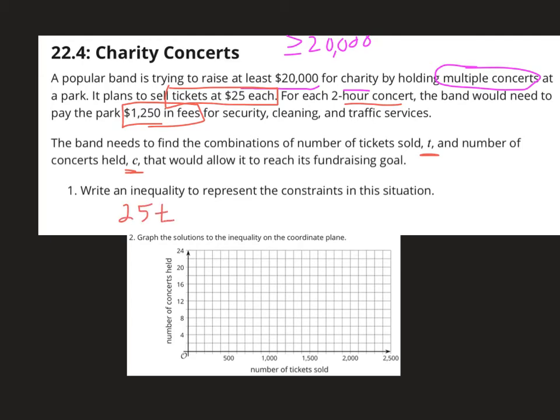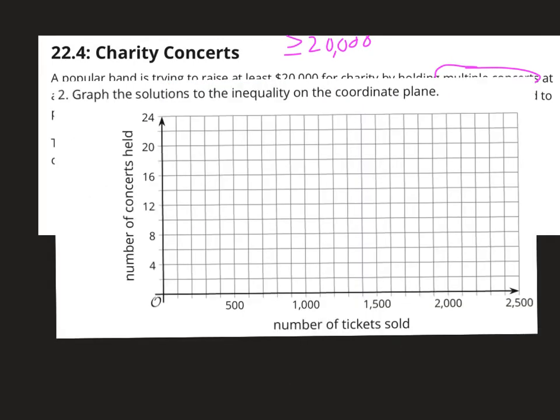That's money coming in. Then money's going to go out. I'm going to pay $12.50 per concert. And at the end of the day, after we earn money selling tickets and lose money paying for fees, we want all of that to be greater than $20,000. So what do they want us to do now? They want us to graph the solution. And so how are we going to graph this?